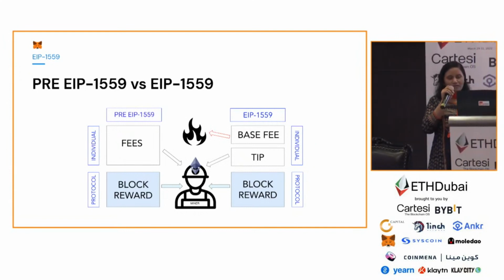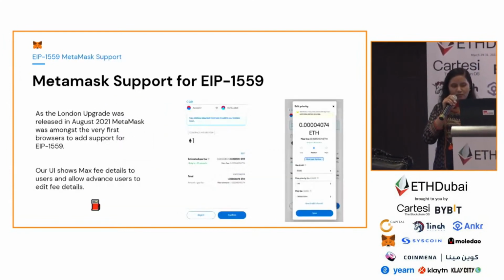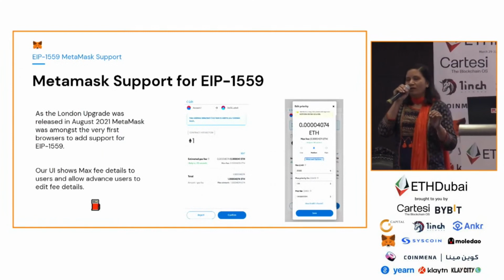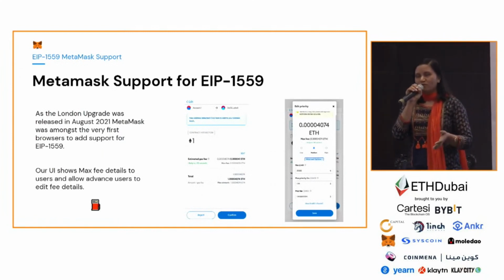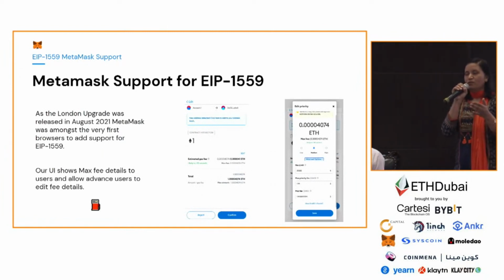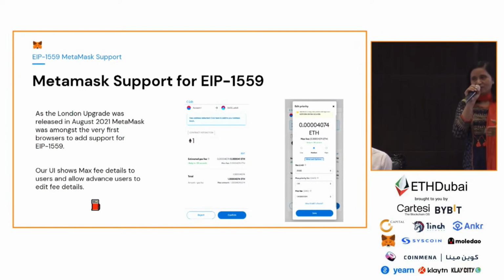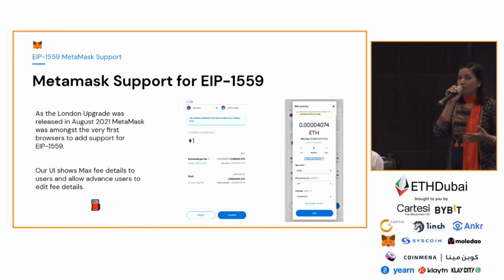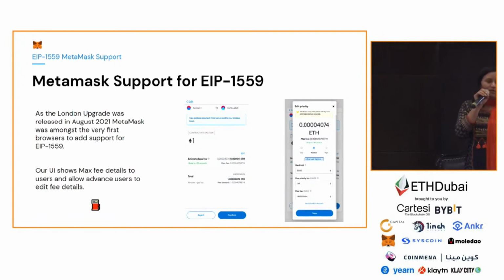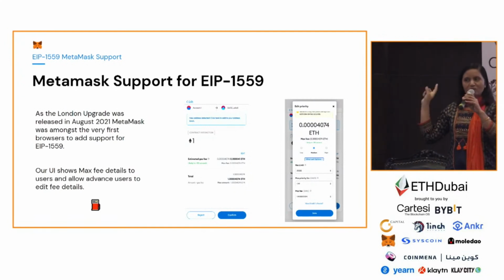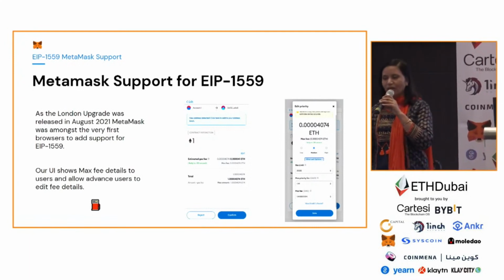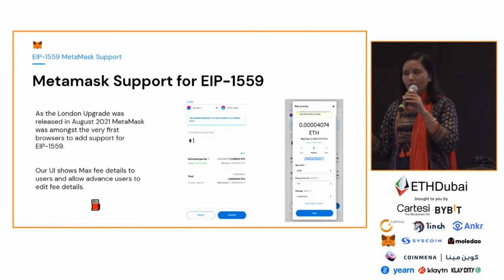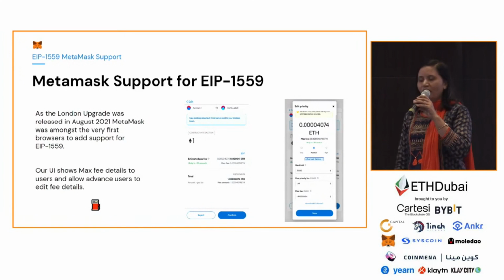Since EIP 1559 was introduced in August last year, MetaMask was amongst the very first browsers to add support for it. So if you are creating a type 2 transaction, which is a transaction that supports 1559, on a network which is supporting 1559, you'll see this transaction confirmation screen in MetaMask, wherein you can see the max fee specified, and you can confirm your transaction.